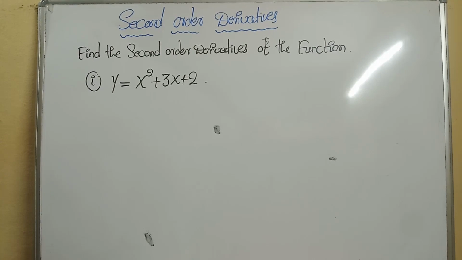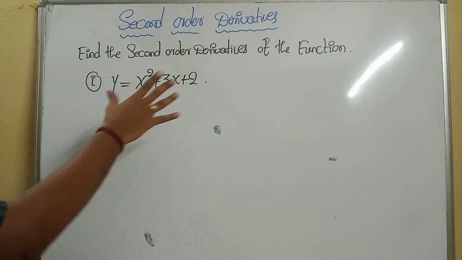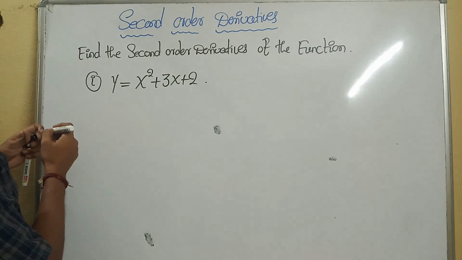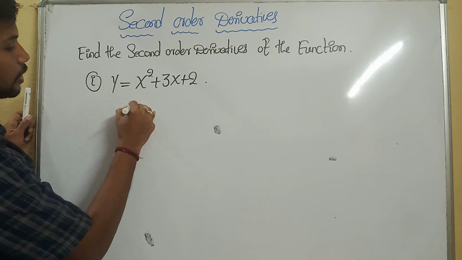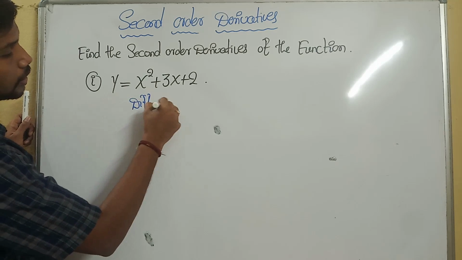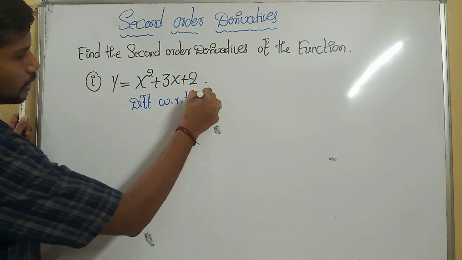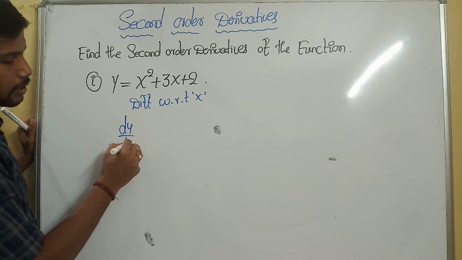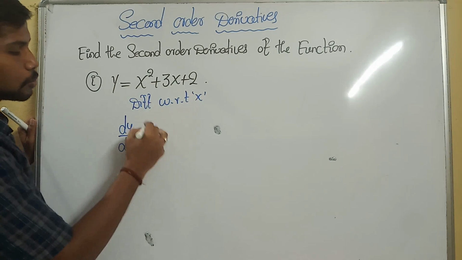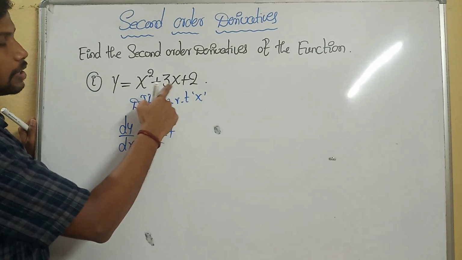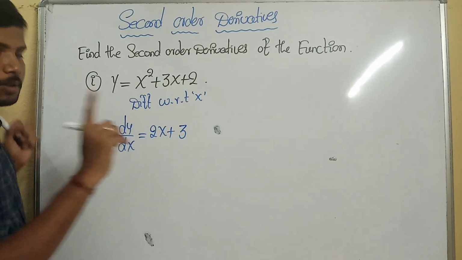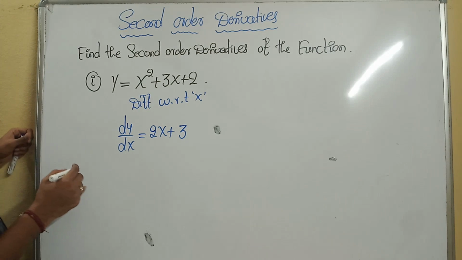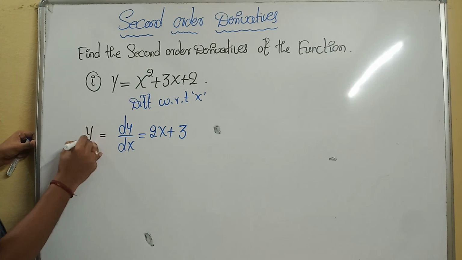Find the second order derivative of the function. I'd like to find the second order derivative differentiating with respect to x. y with respect to x will be dy by dx. x square with respect to x is 2x. The derivative of 3x will be 3, as x with respect to x is 1, and 3 into 1 is 3. I got dy by dx, which sometimes we can denote by y1 also.